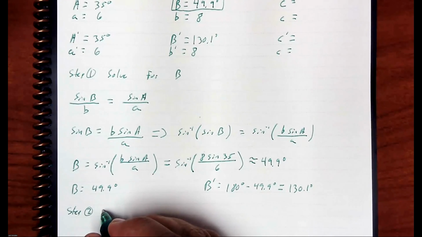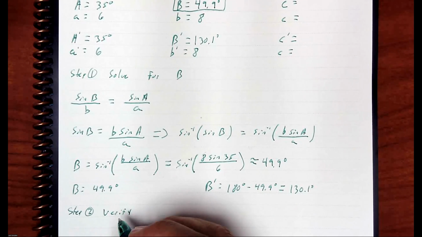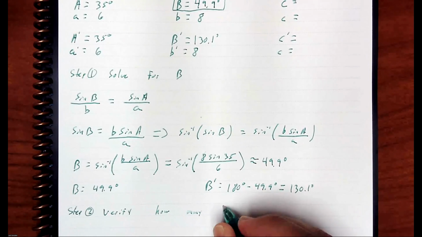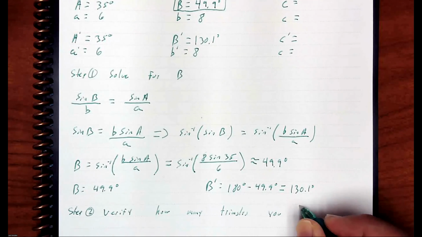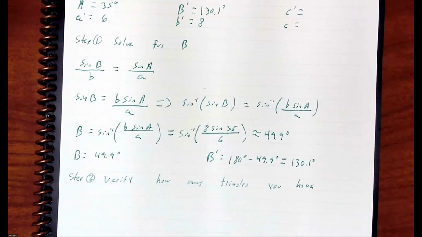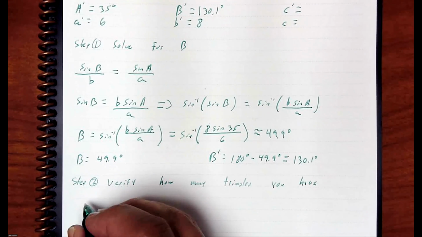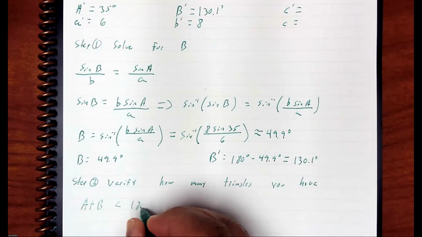Step 2. Verify how many triangles you have. To do the same thing. So is A plus B less than 180?